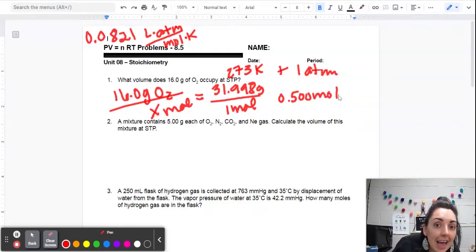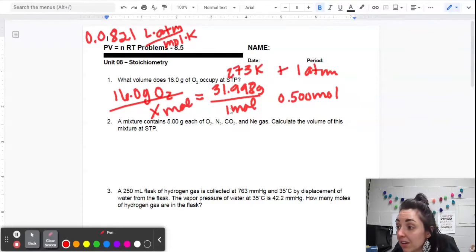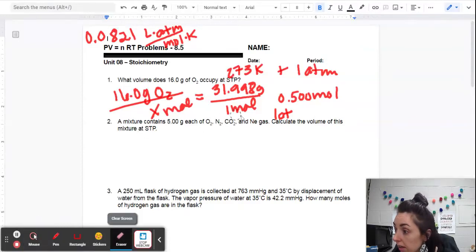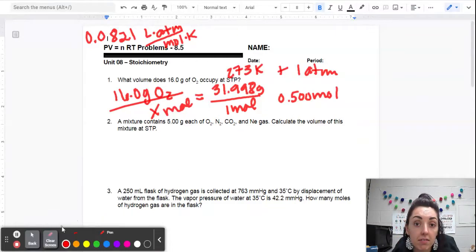And now I can plug that into PV = nRT. So P, pressure, 1 atmosphere. Actually, I am going to leave the units off. I'm going to say them out loud, but I'm going to leave them off when I write them. So 1 atmosphere times volume. We don't know that. That's going to be our X. I'm just going to leave it as V equals n moles. That's 0.5. We just calculated that.